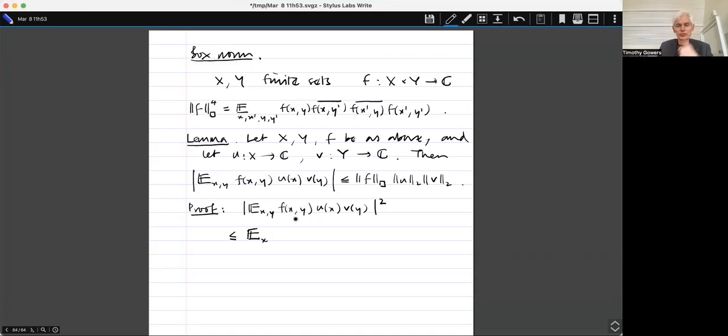So if I think of my two functions as ux and average over y of fxy vy, then applying Cauchy-Schwarz, I get one contribution that looks like that, and the other contribution looks like this. And that equals the first bit, which is nice because I've got the u2 I wanted. Notice that I squared the left-hand side, so that's good.